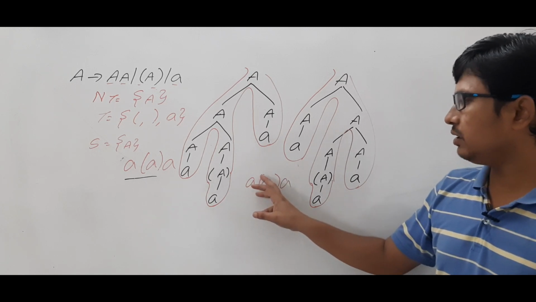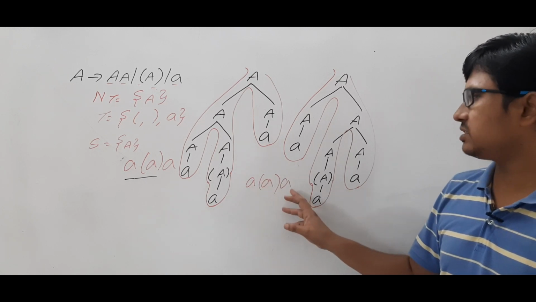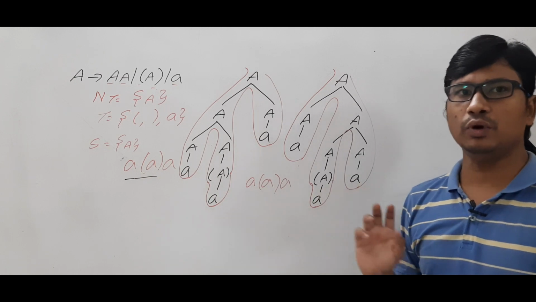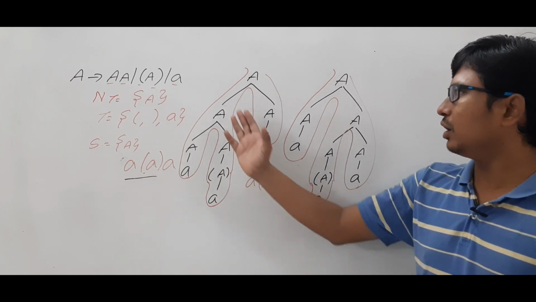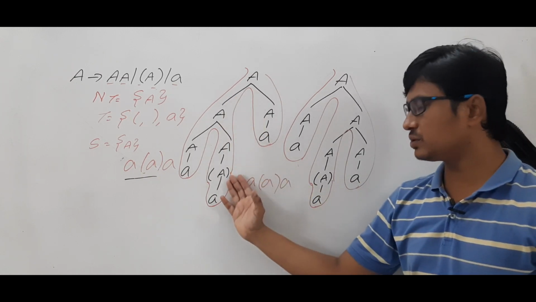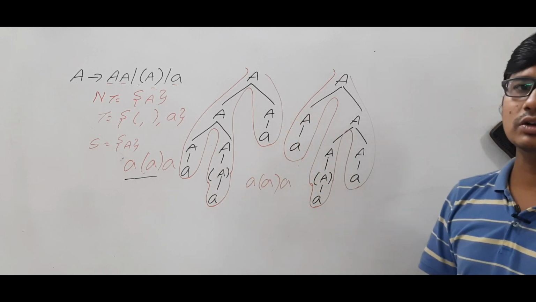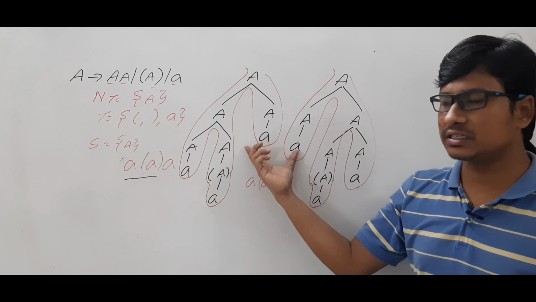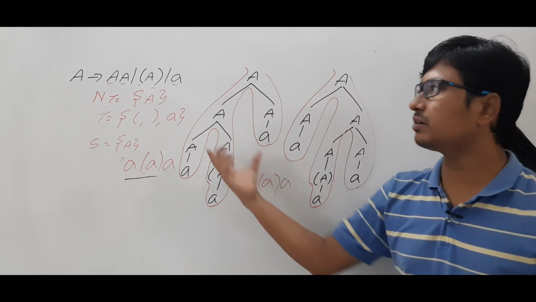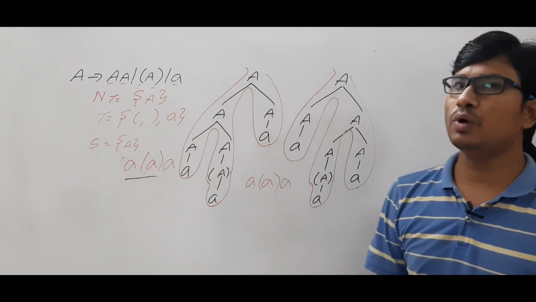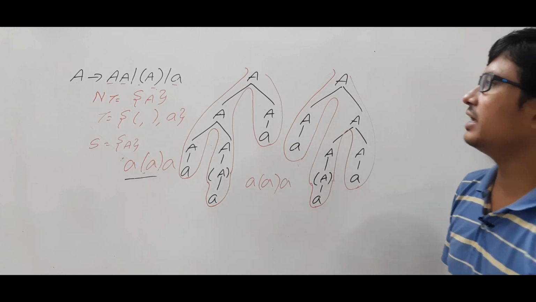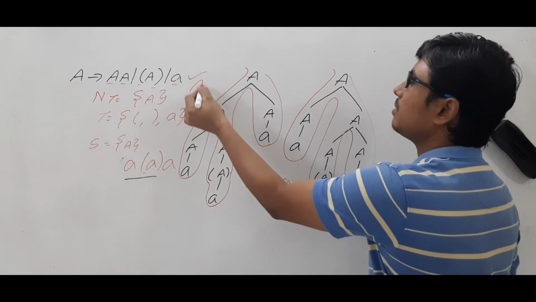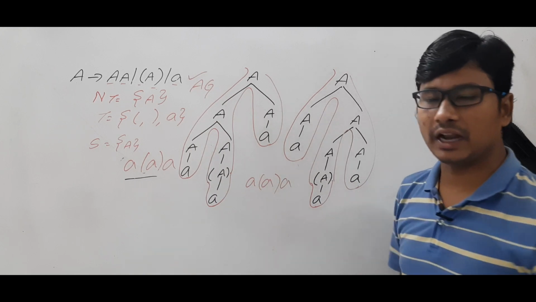We got a, open braces, a, close braces, a. That is the string we want to generate. We have generated it. Now this parse tree is also generating it. So we have more than one parse tree for the given string from the given grammar. So what I can say about this grammar? I can say that this grammar is ambiguous grammar.